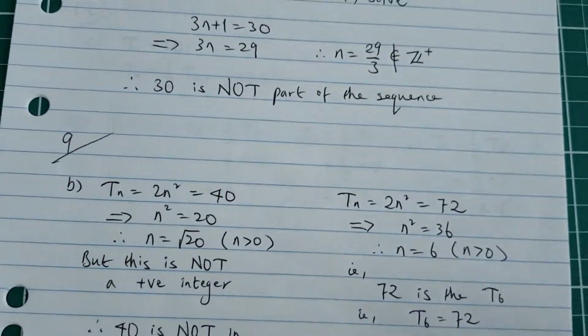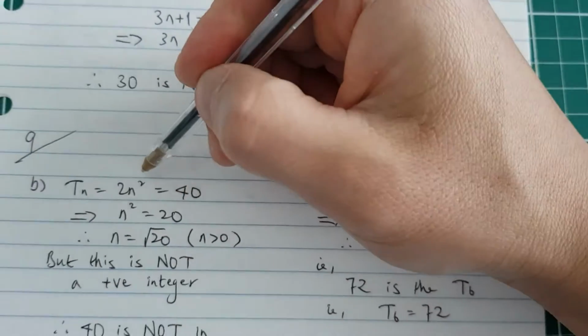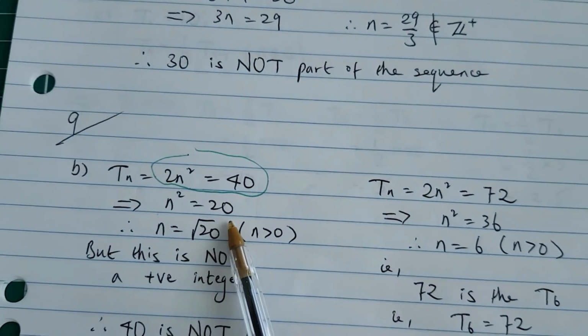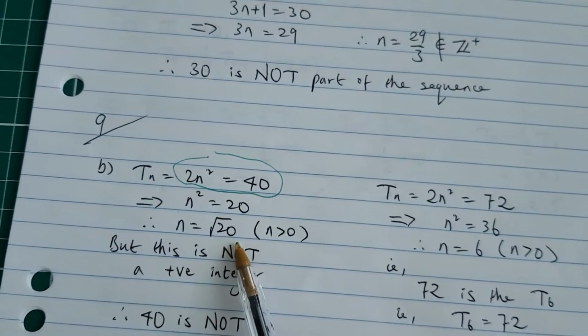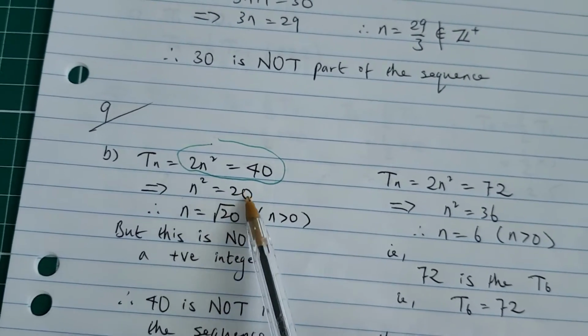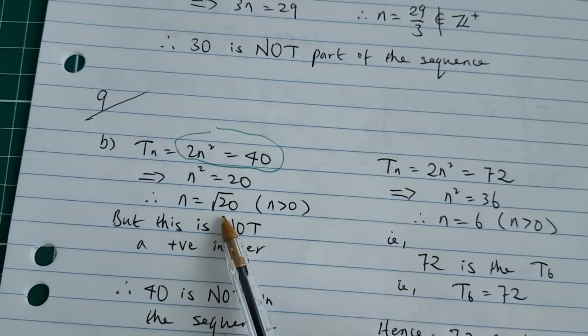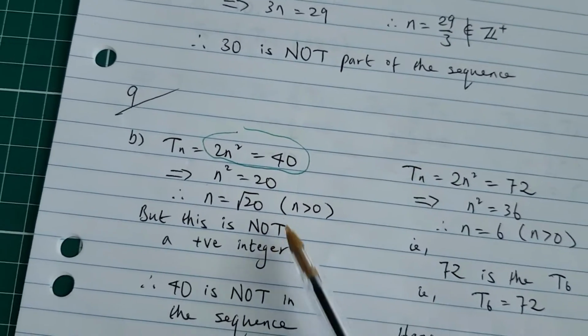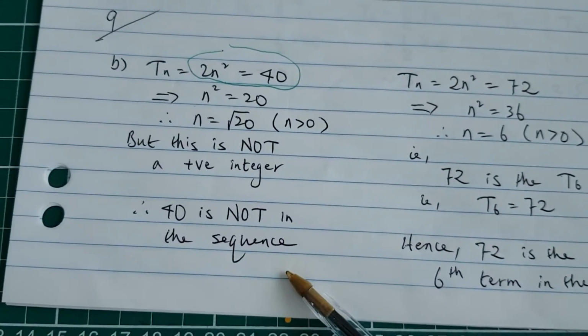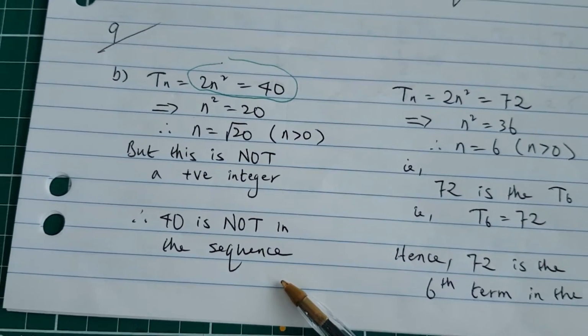That means we now have to solve this equation here, which gives you that. But whenever you take the square root of 20, because it's not a perfect square number, you have to take the square root of that, which is root 20, and we know that's not even a rational number. So therefore, we can straight away see that 40 is not in the sequence.